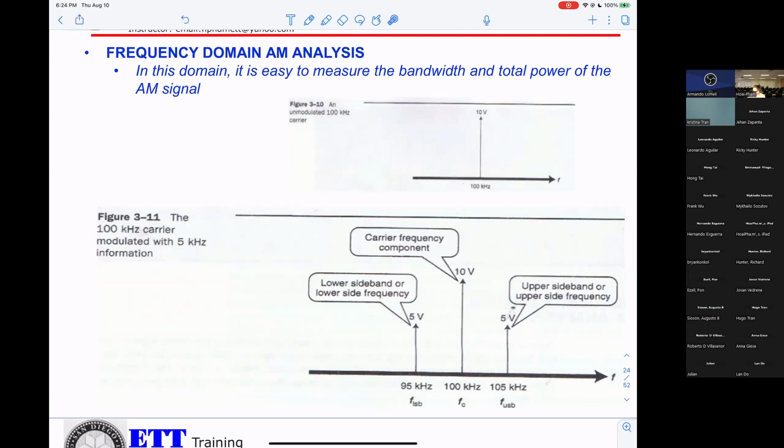Okay. You can see this signal on the spectrum analyzer. Okay. You can see one upper sideband and one lower sideband. The thing is your voice is 5 kilohertz. This is a carrier. Okay.